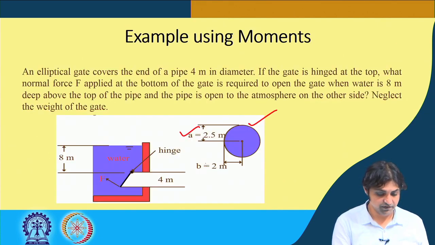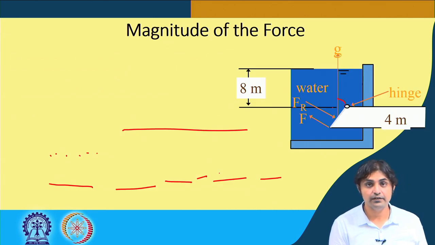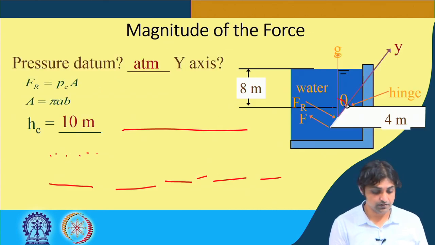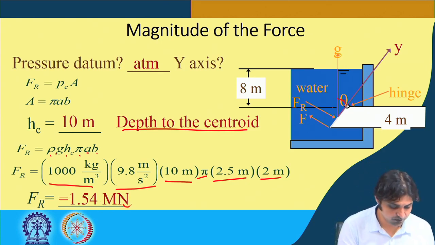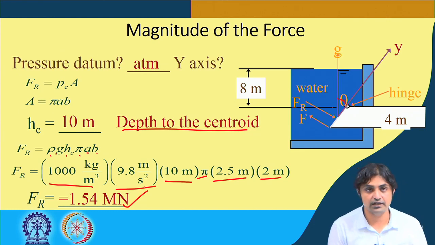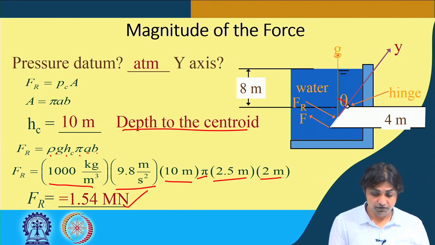I am just going back. So FR finally comes out to be 1.54 mega Newton. Very simple to calculate. Mega Newton is 10 to the power 6 actually. Fine, so we proceed to the other part now.